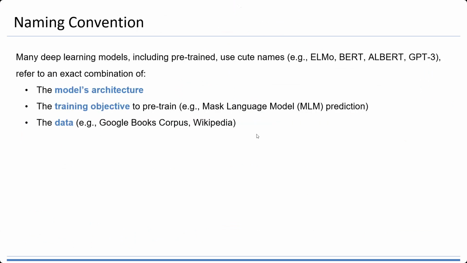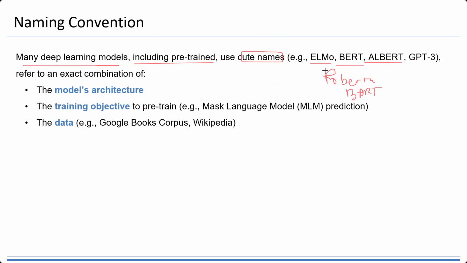Now the naming convention. As with many deep learning models, including the pre-trained ones, they have some cute names, because they use ELMo, BERT, ALBERT. If you see the development, there are words like RoBERTa, and then BART, and so on.